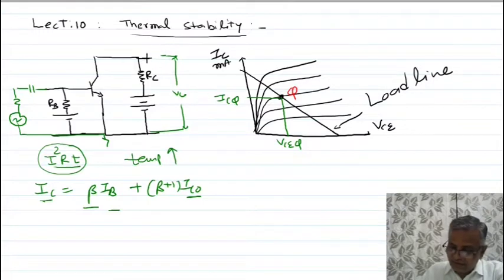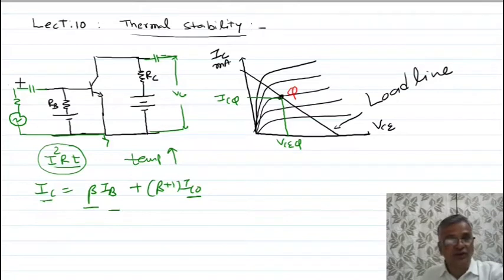Then as you give the AC input signal, the output is not an exact replica of the AC input signal. It is distorted.